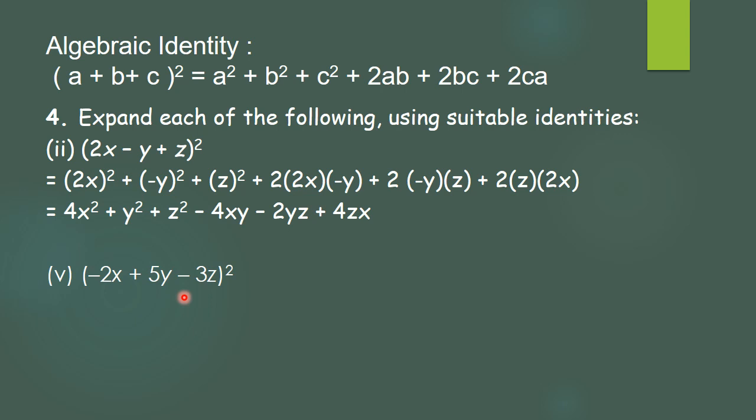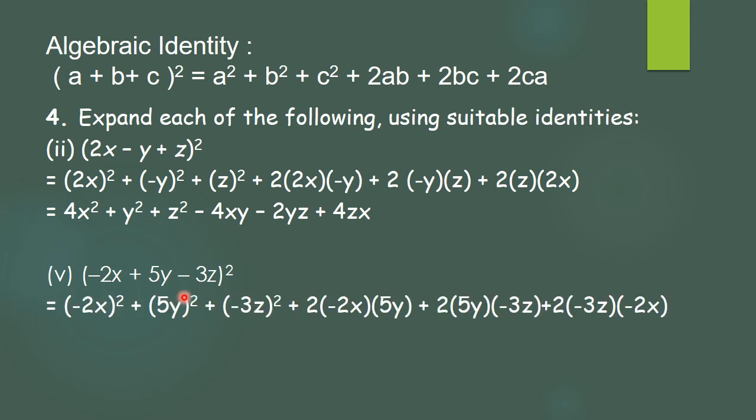And so using the identity, that will be (-2x) the whole square plus (5y) the whole square plus (-3z) the whole square plus 2 into minus 2x into 5y plus 2 into 5y into minus 3z plus 2 into minus 3z into minus 2x.